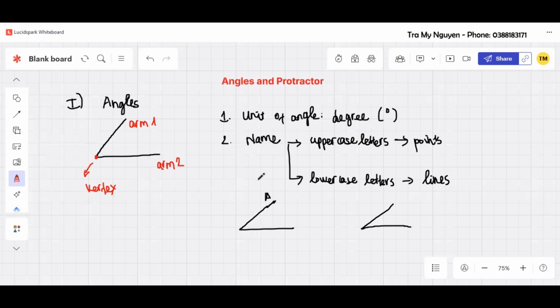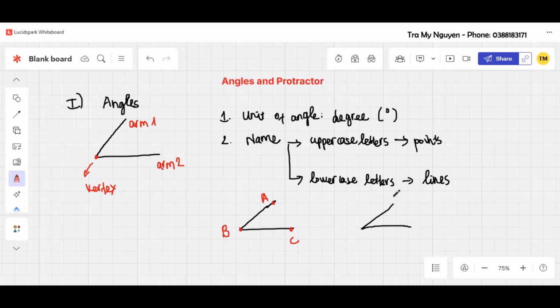I will use the red ink here. The first point is A, the vertex is B, and the last point is C. We have three different points in this angle, and you can see that the vertex, the highest point here, is named B.